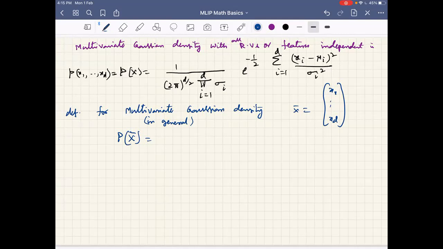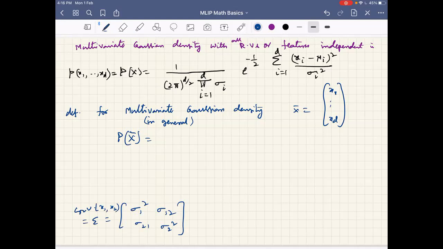We have seen in the previous discussions that the two-dimensional covariance matrix is sigma 1 square, sigma 1 2, sigma 2 1, sigma 2 square. This is the covariance matrix for features x1 comma x2.